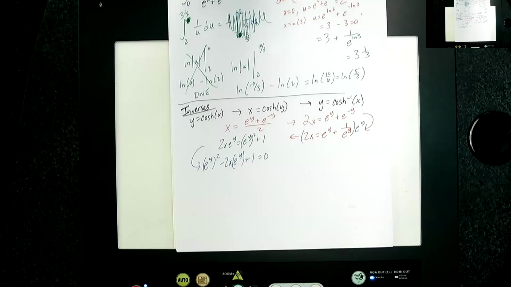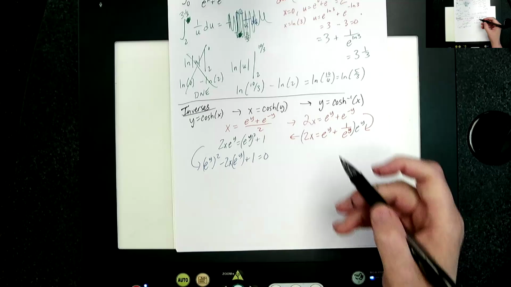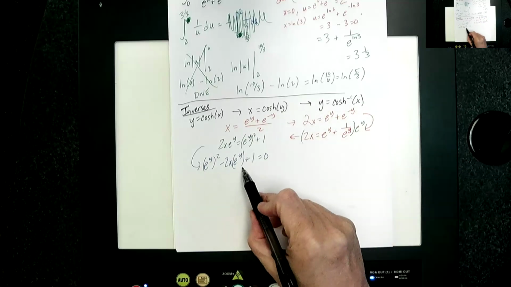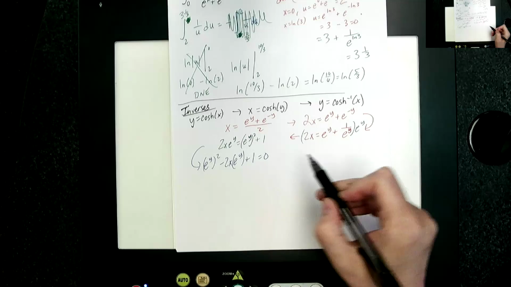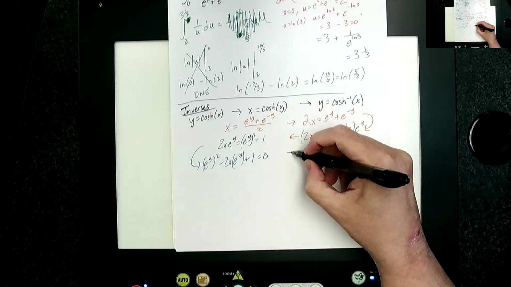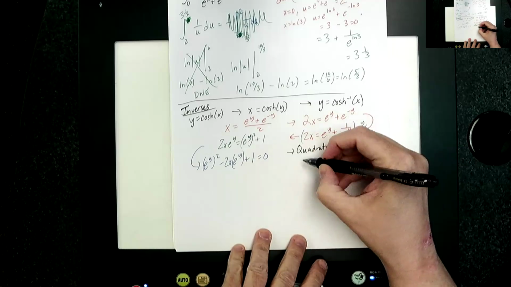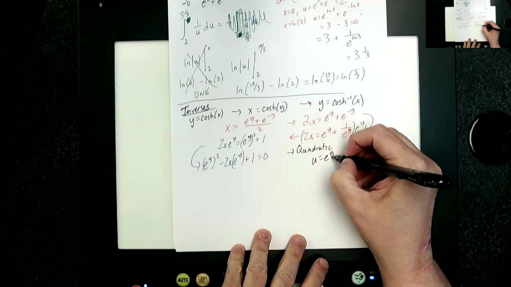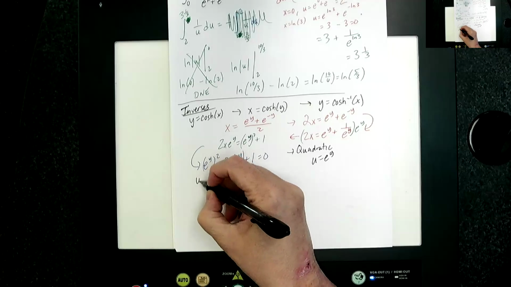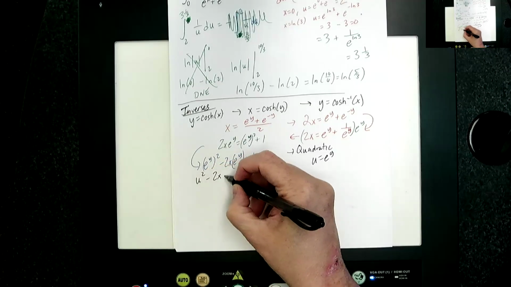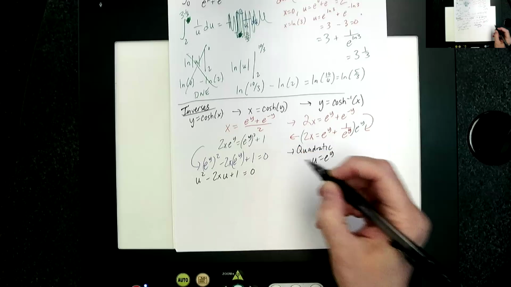Your algebra is not as good as you thought it was. I have something squared, something that's just to the first power and a constant. This is quadratic. Which means I can do a u sub, u equals e to the y. And this turns into u squared minus 2xu plus 1 equals 0.